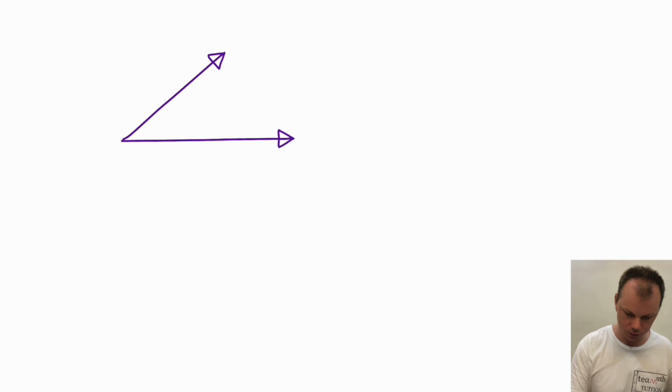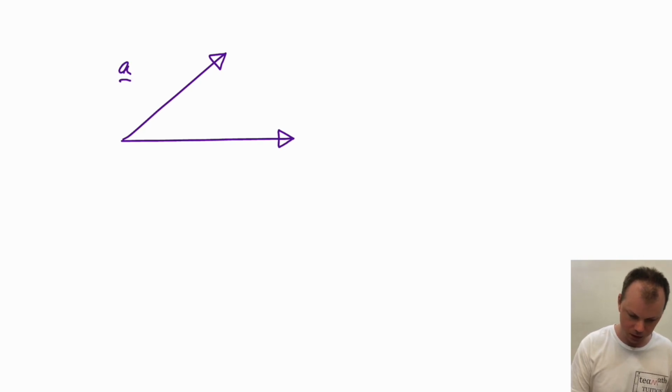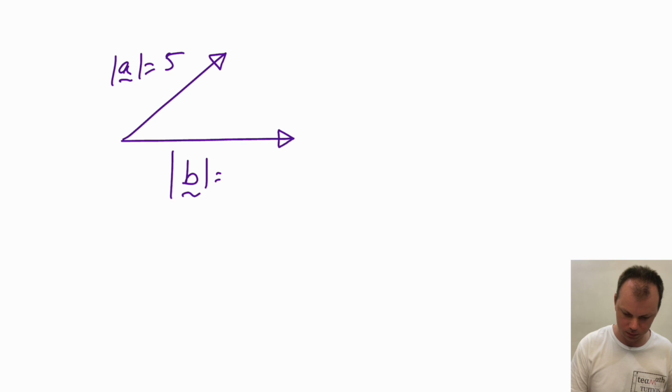So let's have two vectors like this. Let's say the magnitude of A is 5, and let's say the angle is 50 degrees between them.